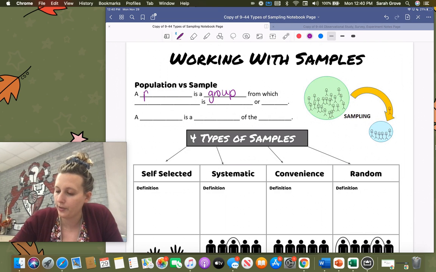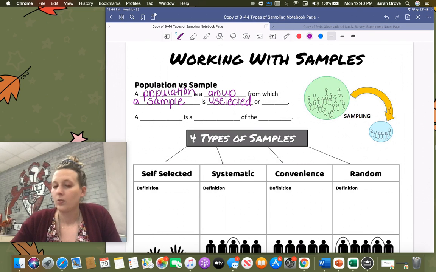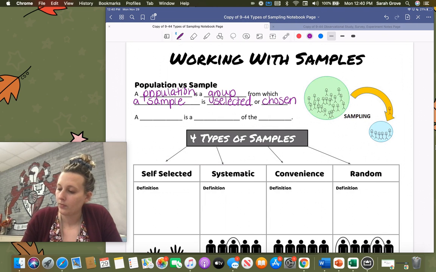A population is a group from which a sample is selected, or chosen. And then a sample is a part of the whole.